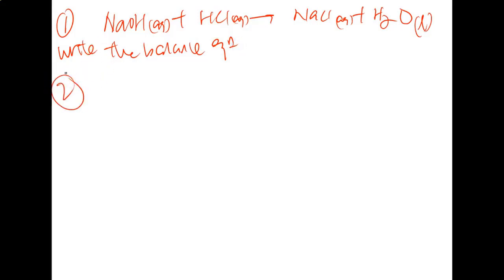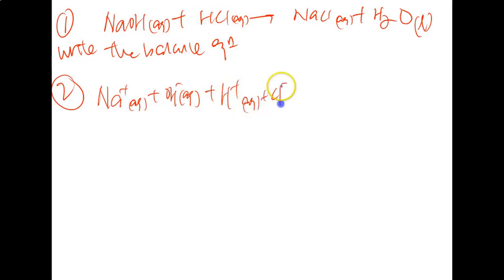Okay, step 2. Because this is an ionic equation, we must first split this main equation into the ion components. NaOH in aqueous state means that it can dissociate to give me Na plus aq plus OH minus aq. HCl aq, this is the acid in water, it can dissociate to give me H plus aq plus Cl minus aq.